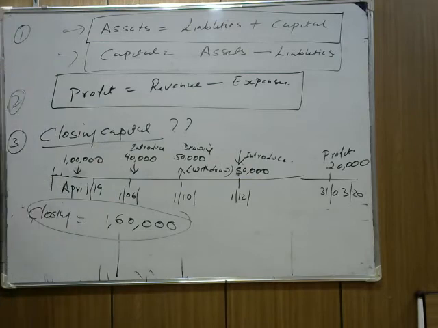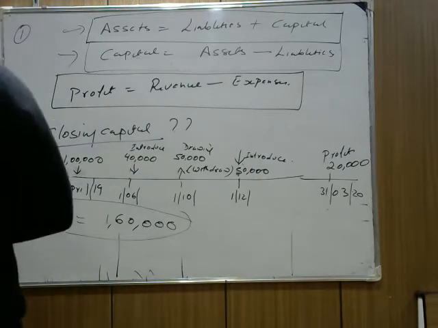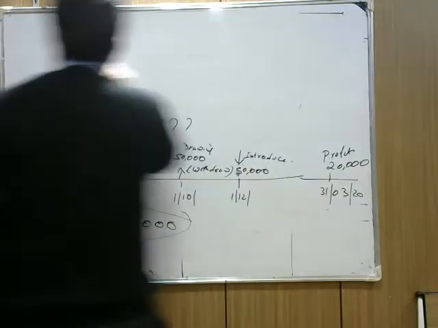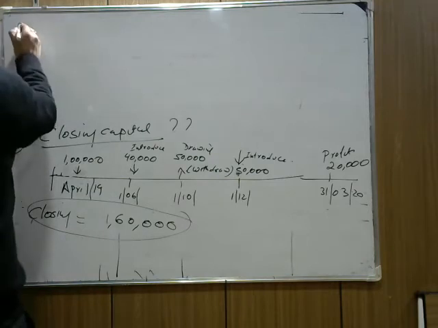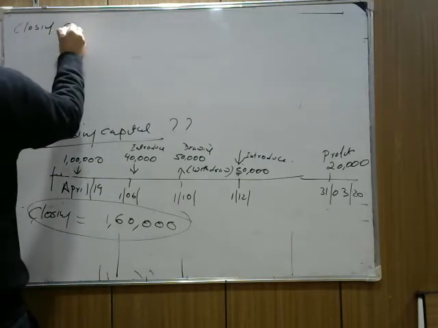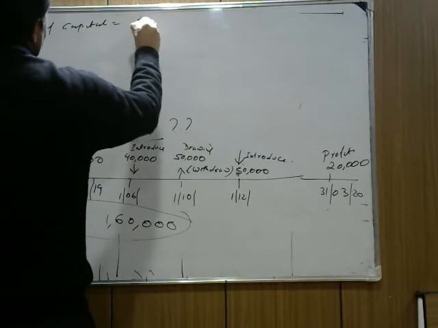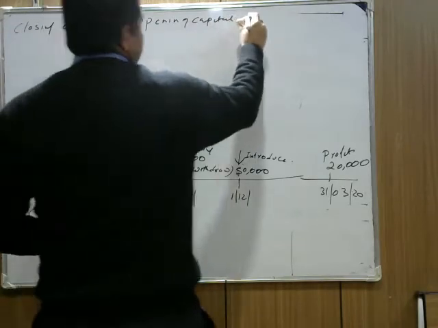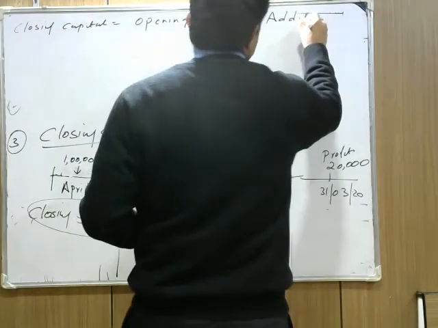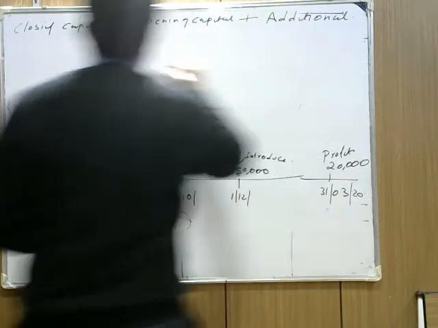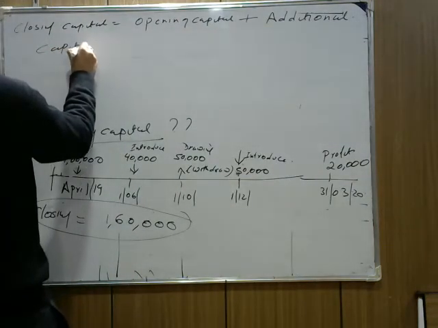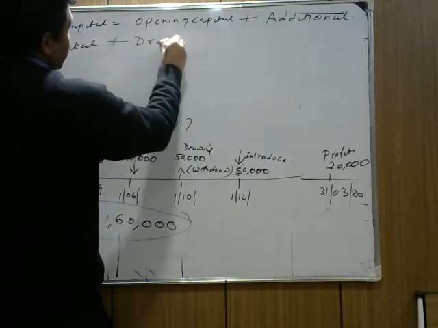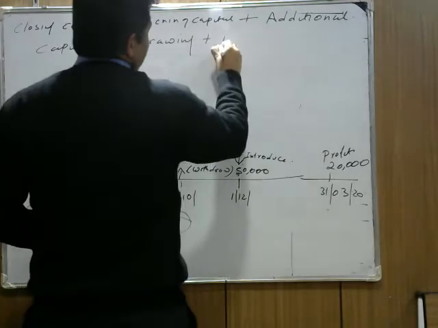Now how do we find the closing capital? I hope this equation is clear. So if we write the formula, the closing capital is opening capital plus additional capital you introduce in the business, minus drawing, plus profit.